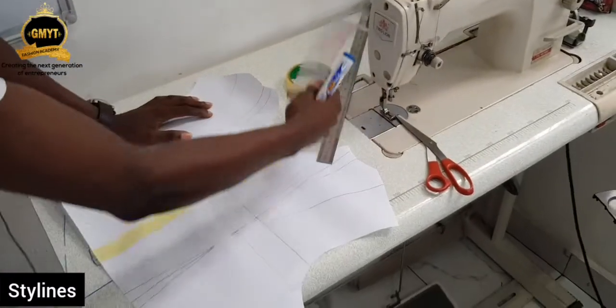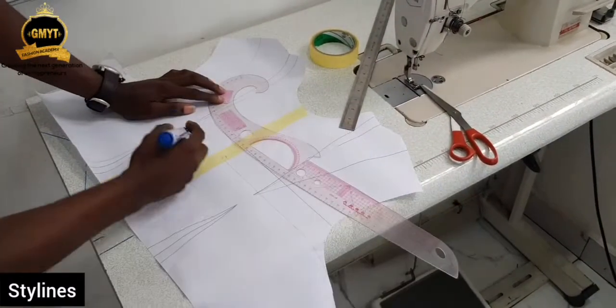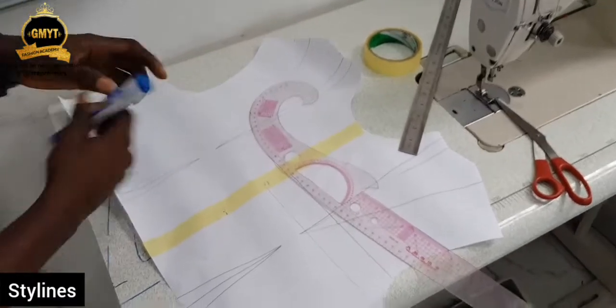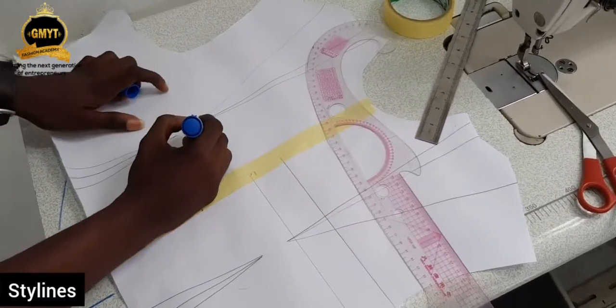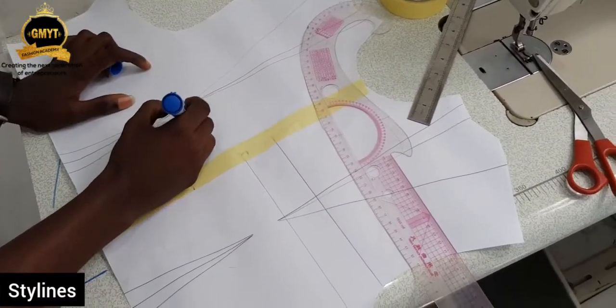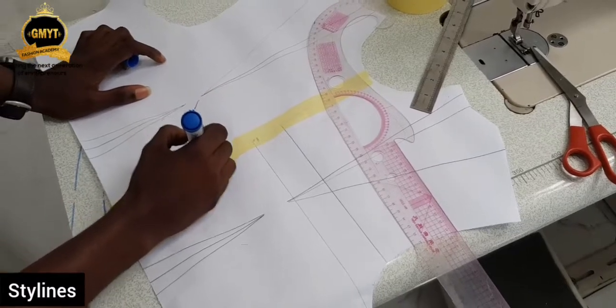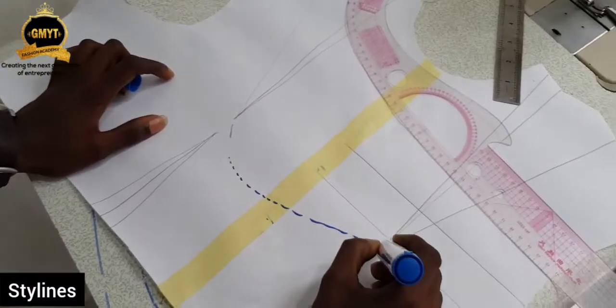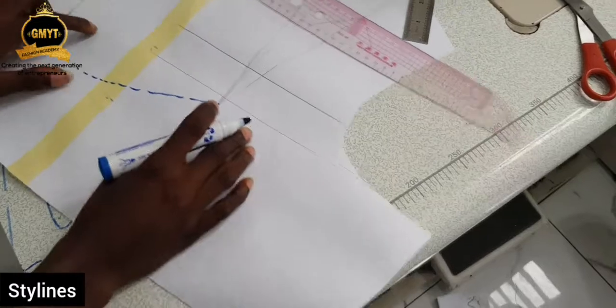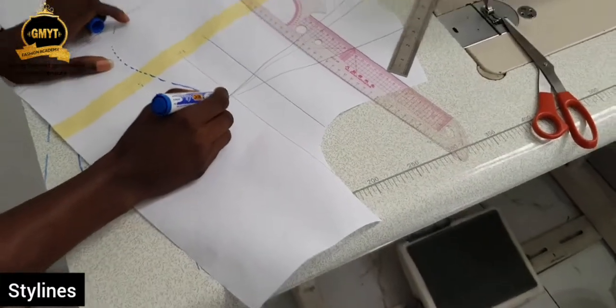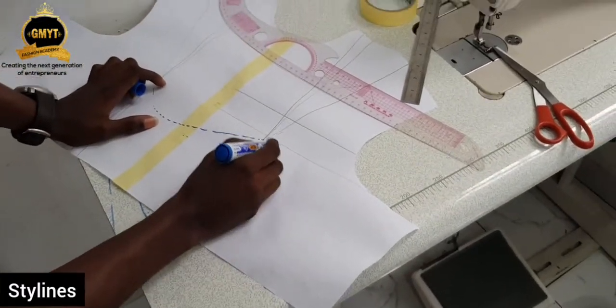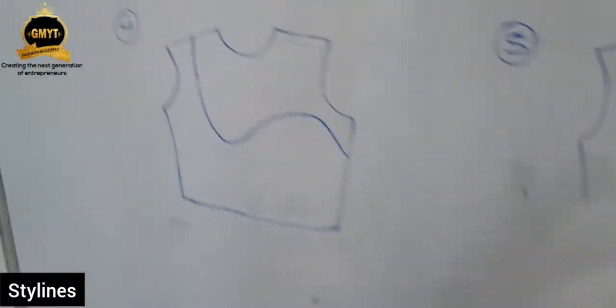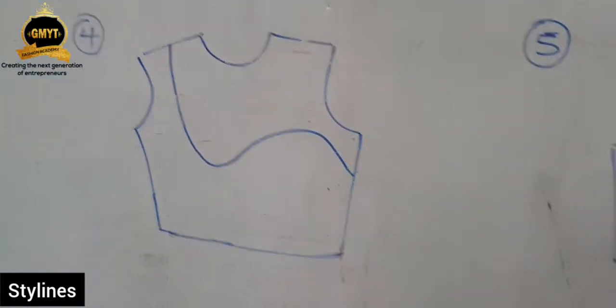So now it means from our bust point, the shoulder bust point, coming down all the way back to the second bust point, down to my side seam.